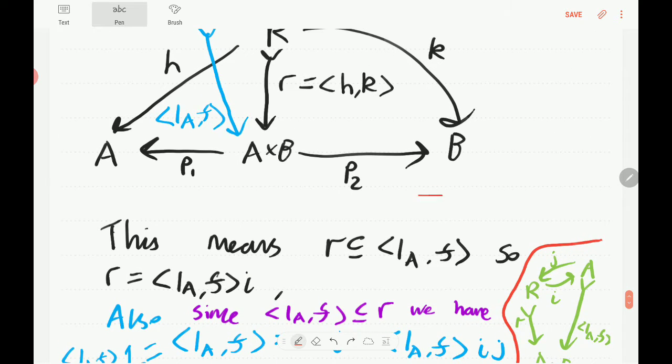So when I say the graph of F, that's an abbreviation for saying that we have identity A after F paired.